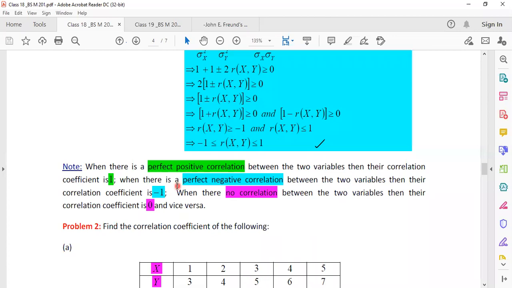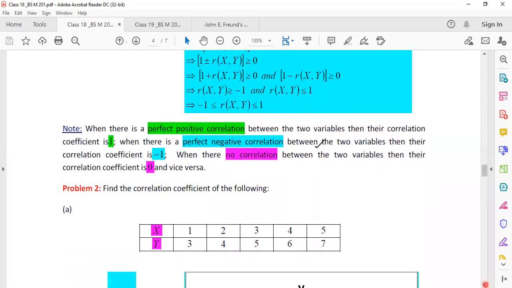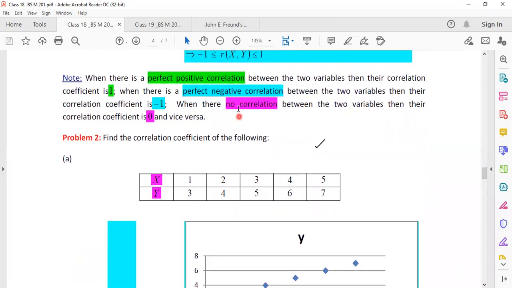And if they have a perfect negative linear relation, then their correlation is negative and exactly equal to -1. In case of no correlation, we write the value to be 0. That particular part has not been explained yet, and I told you that I'll be explaining the zero correlation part later on.